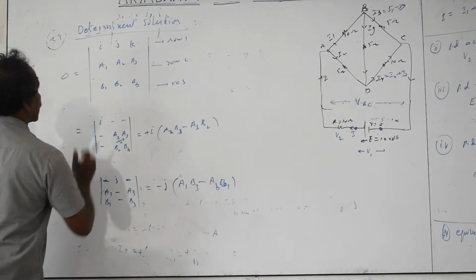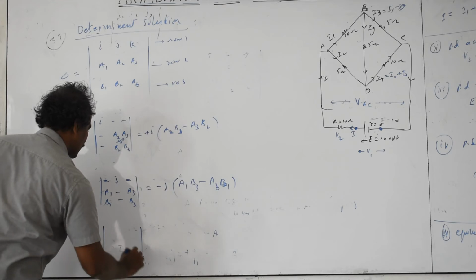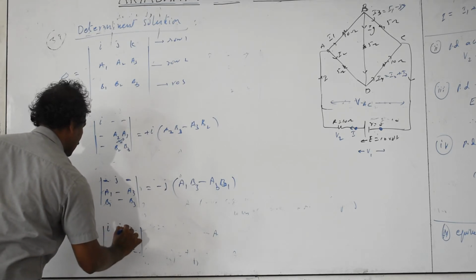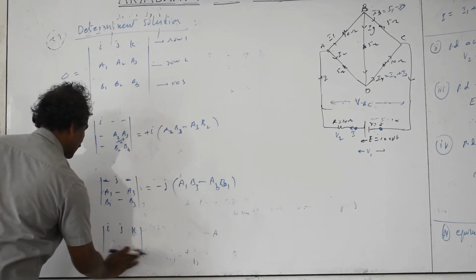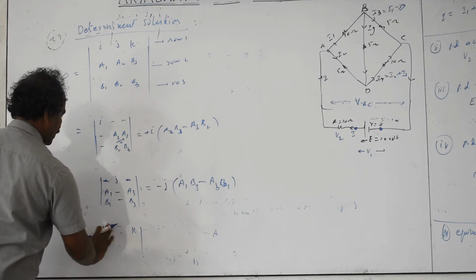Next you take k times. This is i, j, k. So i and j we can leave empty.